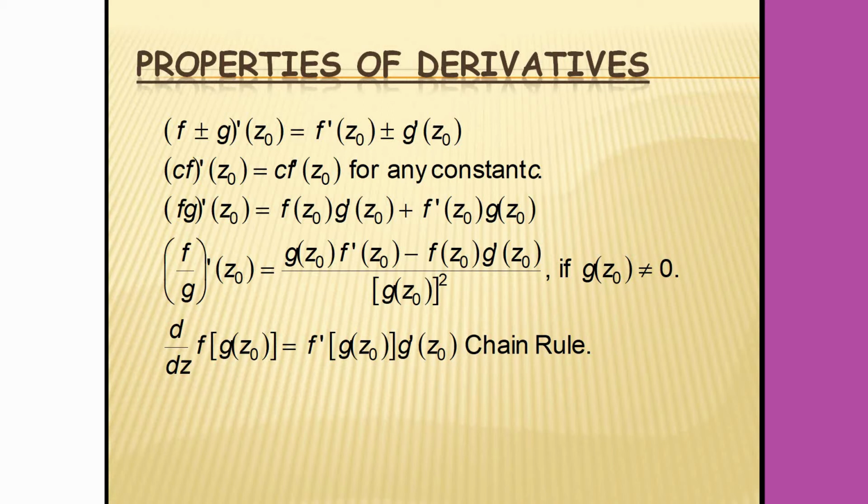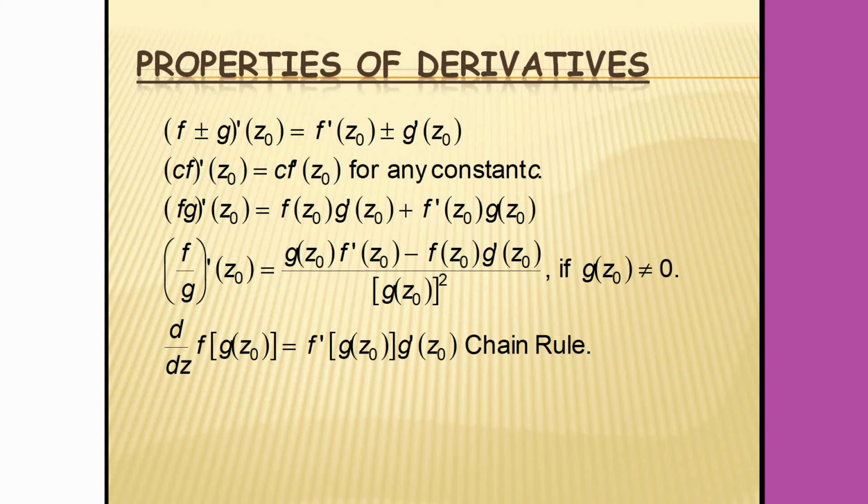Again, for the quotient of two functions, f of z divided by g of z, we define the derivative with the quotient rule as in the set of real numbers. The denominator is g of z whole square.